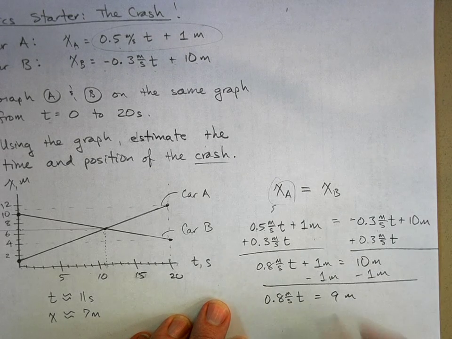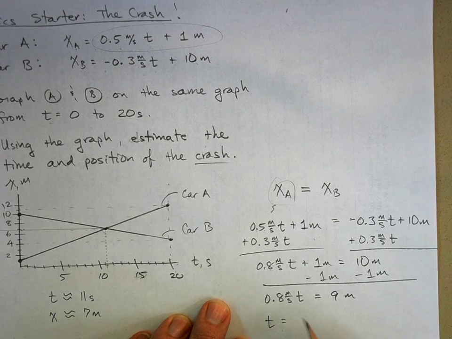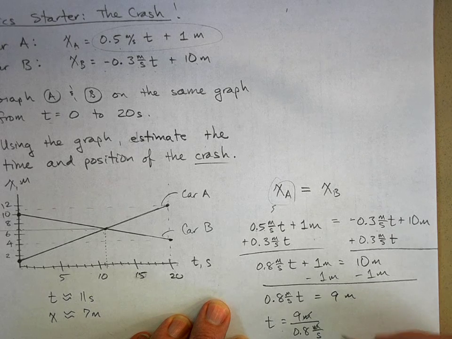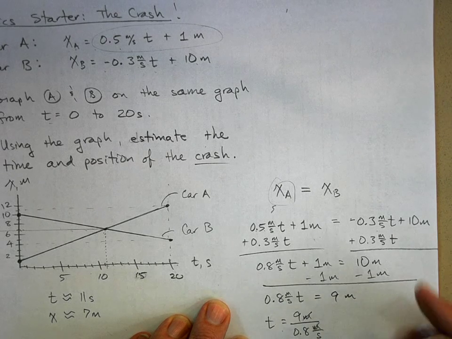And then now I can solve for time. Time is equal to 9 meters divided by 0.8 meters per second. The meters cancel. 1 over seconds is seconds.